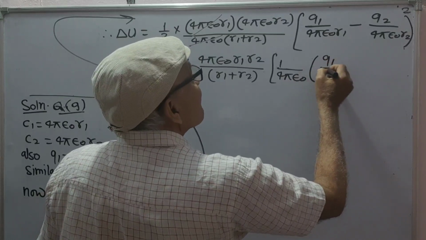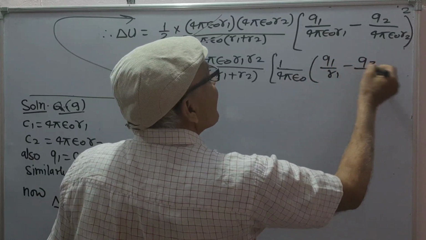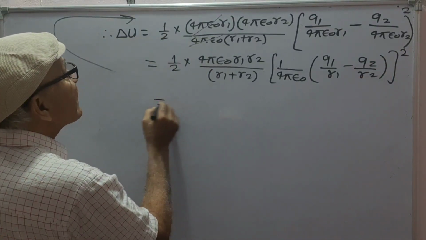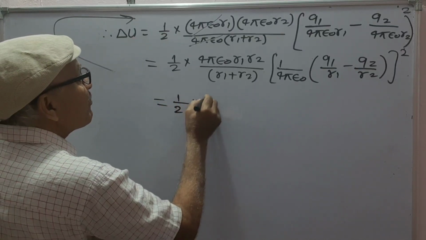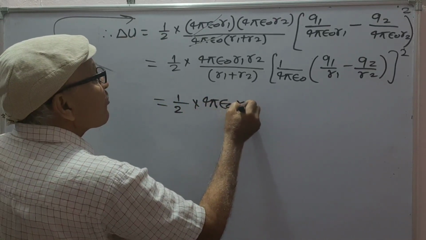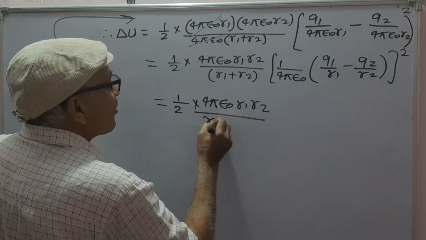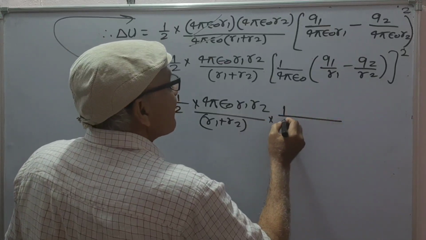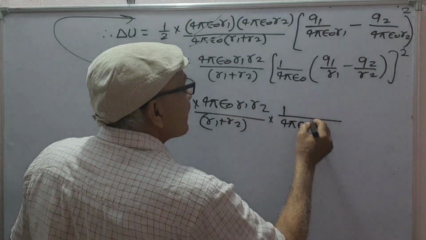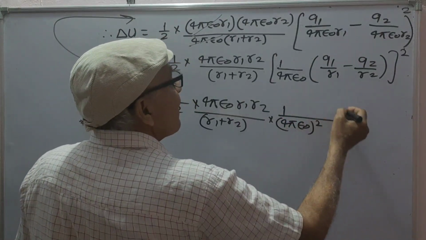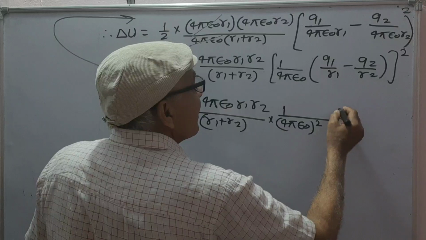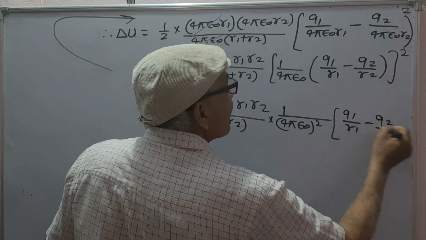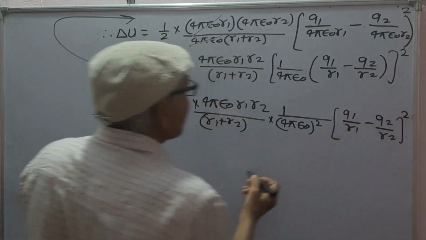This is Q1 upon R1 minus Q2 upon R2 whole square, which may be written as 1 upon 2 into 4 pi epsilon naught R1 R2 upon R1 plus R2 into 1 upon 4 pi epsilon naught square, its square, into Q1 upon R1 minus Q2 upon R2 whole square.